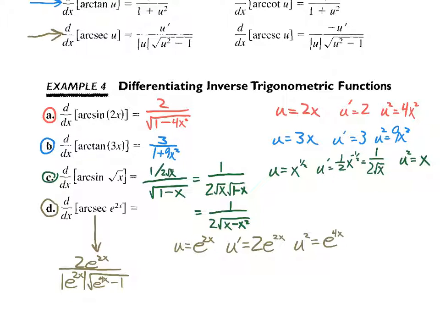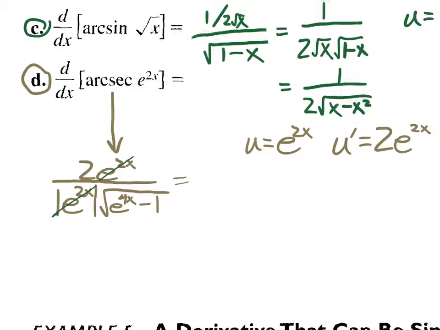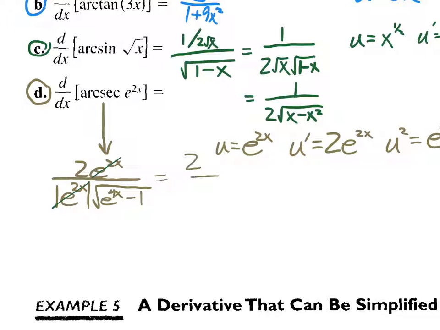No matter what power you raise it to, it's going to be positive. So I can cancel out the e to the 2x with the e to the 2x, because this will never be negative. So that gives me my final answer, which is 2 over the square root of e to the 4x minus 1.